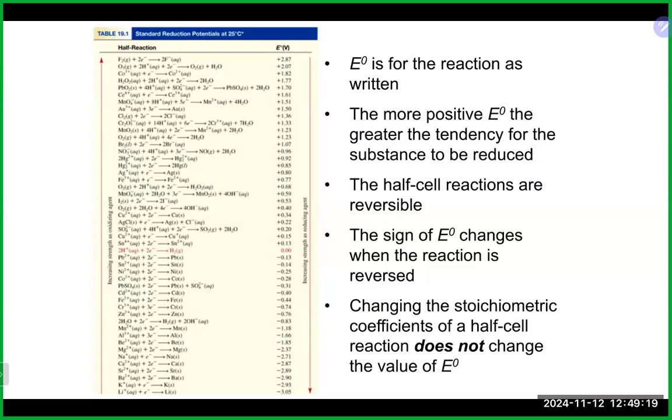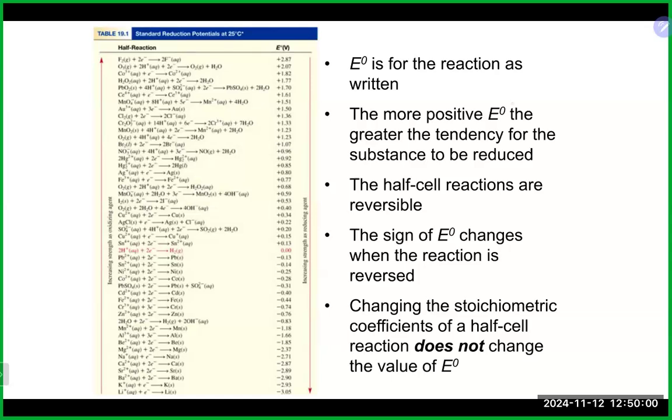Now, how do you know what is going to be your anode and what's going to be your cathode? There is a rule that you could follow, and you could use the SRP values to help you make that decision. If you are not given any information about how the reaction is occurring, so if you're not given an overall equation, if you're not told, hey, this is reacting with this or anything of that nature, and they just simply said, hey, you built a galvanic cell out of these two things, the one that should be your cathode is the more positive E value that you would find in that table.